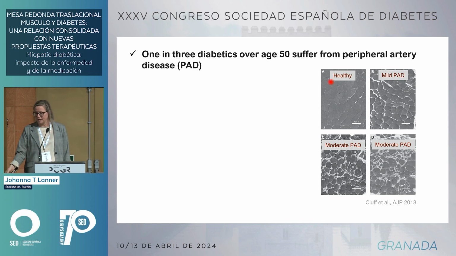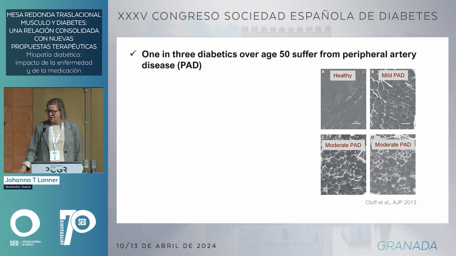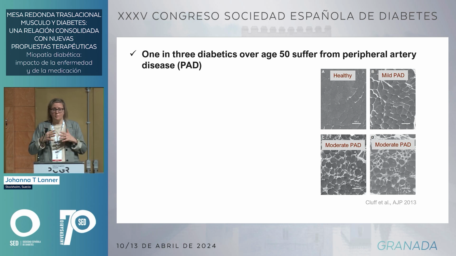If this is a healthy muscle, from Clough et al., then you can tell that the more severe, going from mild to different types of moderate PAD, you see these white parts appearing in muscle, which should not be there, but that's fibrosis. You can also see that some of these muscles are much smaller. So you also have atrophy, where muscles get smaller because there's fibrosis that makes sure the muscles cannot have all this length.